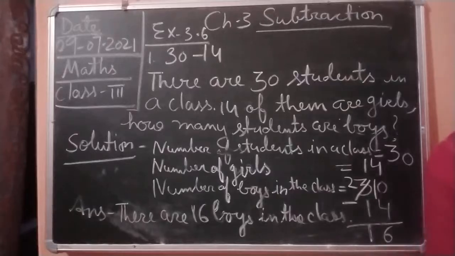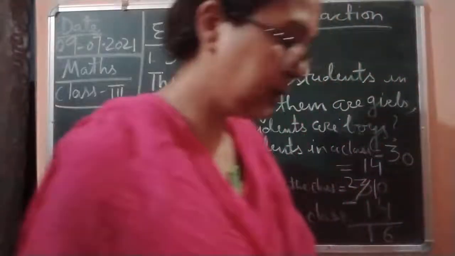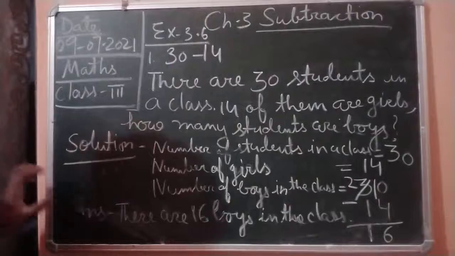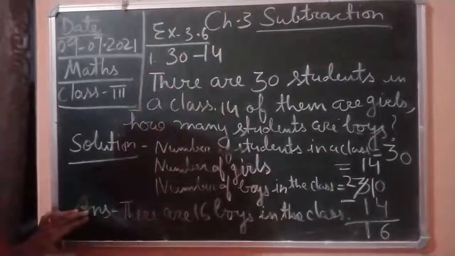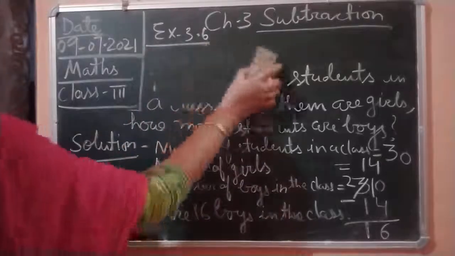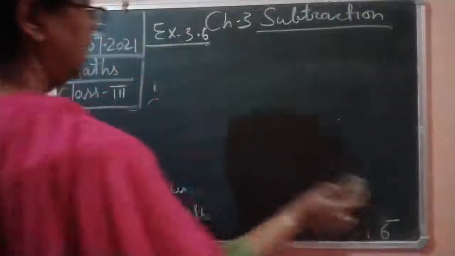Now we are moving to number 2, children. Number 2 is 58 minus 36. Okay, so take a screenshot. Now we are moving to number 2.